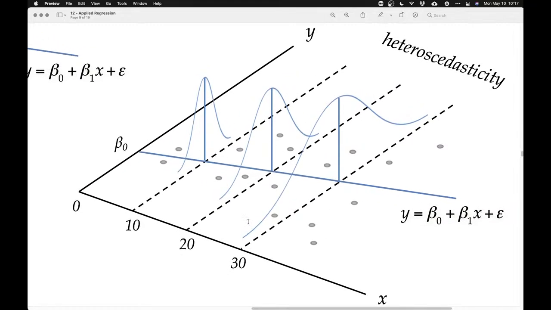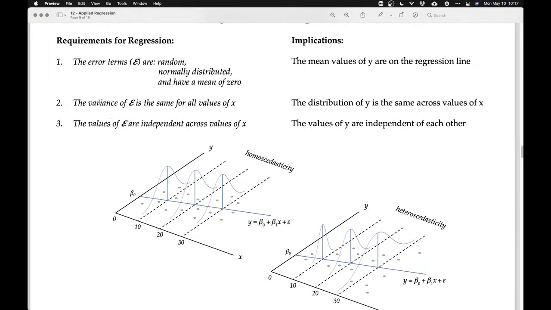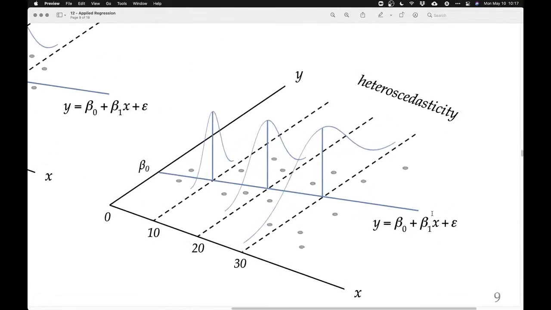If this were the case, we're going to have trouble interpreting our results because we're violating one of the assumptions of regression, and this is the second one here: the variance of the residuals should be the same for all values of x.